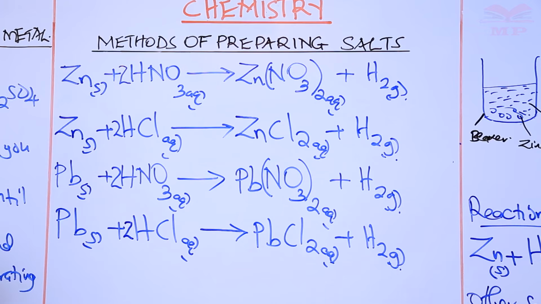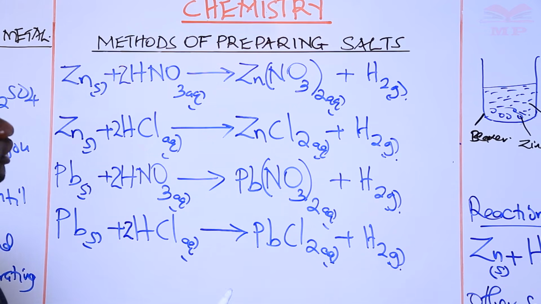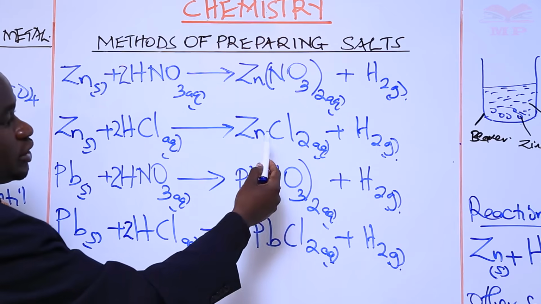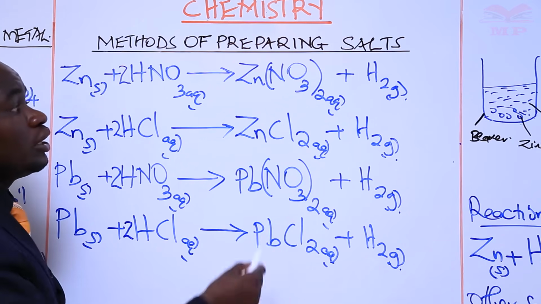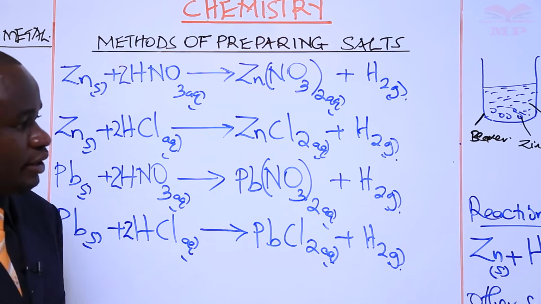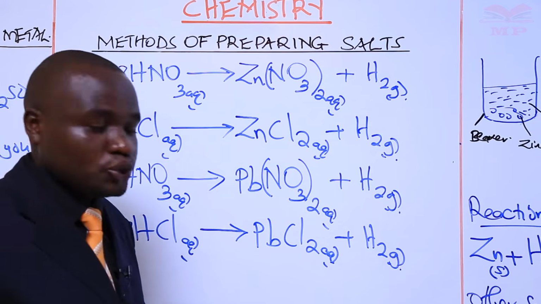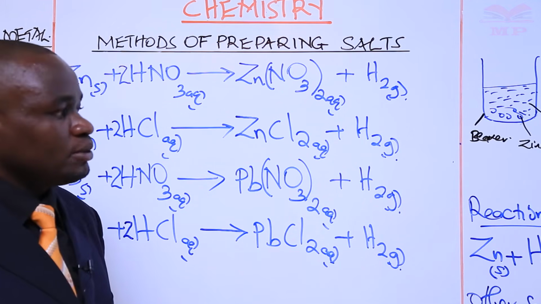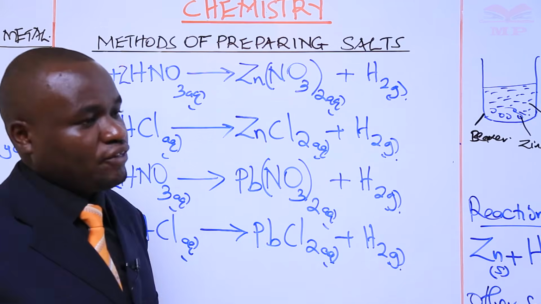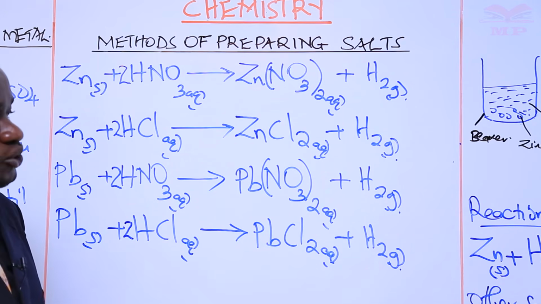So now we are saying that these are just some of the salts: zinc nitrate, zinc chloride, lead nitrate, lead chloride, which are prepared by the reaction between an acid and a metal. We have quite a number of salts which can be prepared by the same method. So we have come to the end of our lesson.